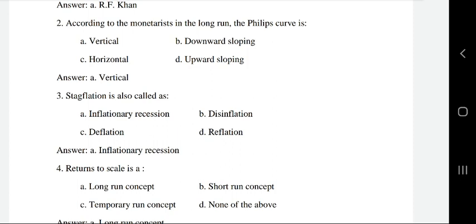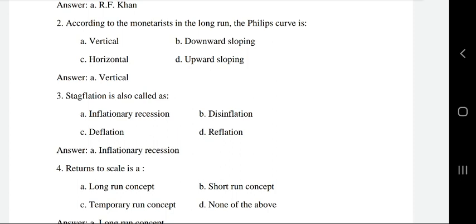Stagflation is a period when slow economic growth and joblessness coincide with rising inflation. So, it's a combination of high inflation and economic stagnation.